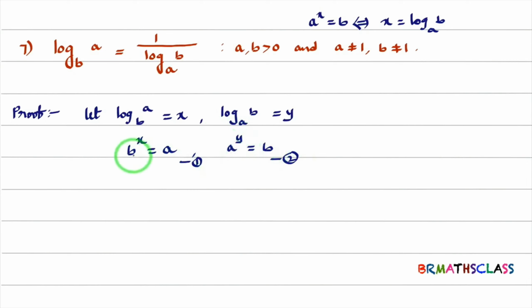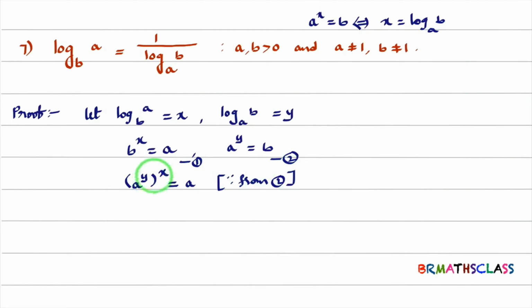So in place of b, I'll write a power y whole power x equal to a. What happened? In equation 1, in place of b, I wrote a power y, which we got from the second equation.